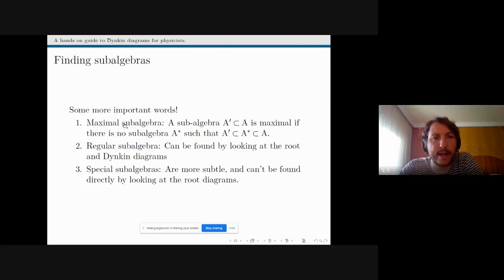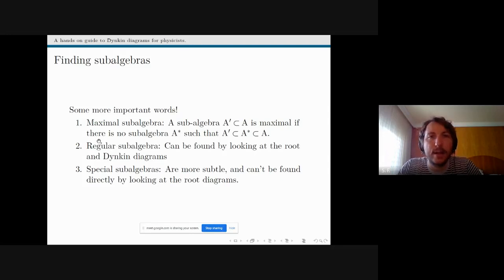When I say a subalgebra is maximal, what I mean is the following. If A prime is a subalgebra of A, then it's maximal if there's no other subalgebra A star, such that A prime is a subalgebra of A star. And so you can't fit this subalgebra within another subalgebra if it's maximal.